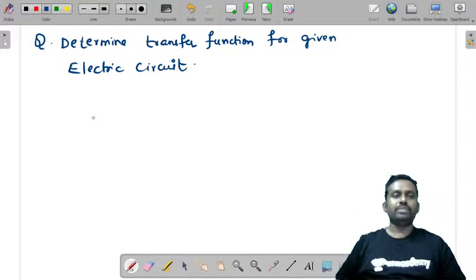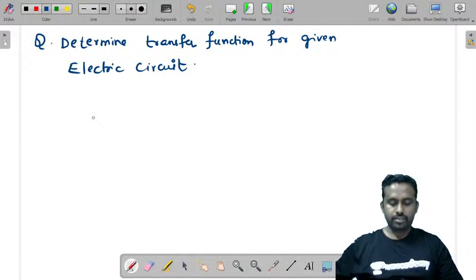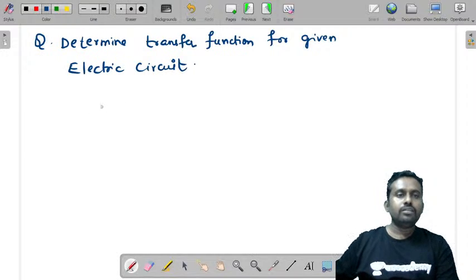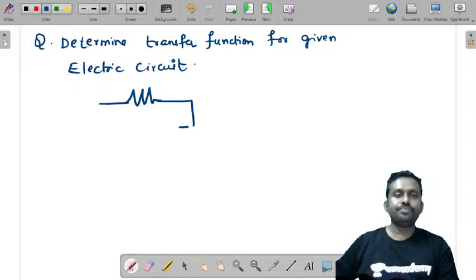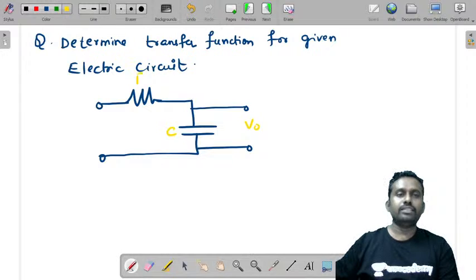The circuit can be something like this. Consider an RC circuit. So this is the circuit given, where he has given V output here, this as C, this as R, this as I, and this as Vi.